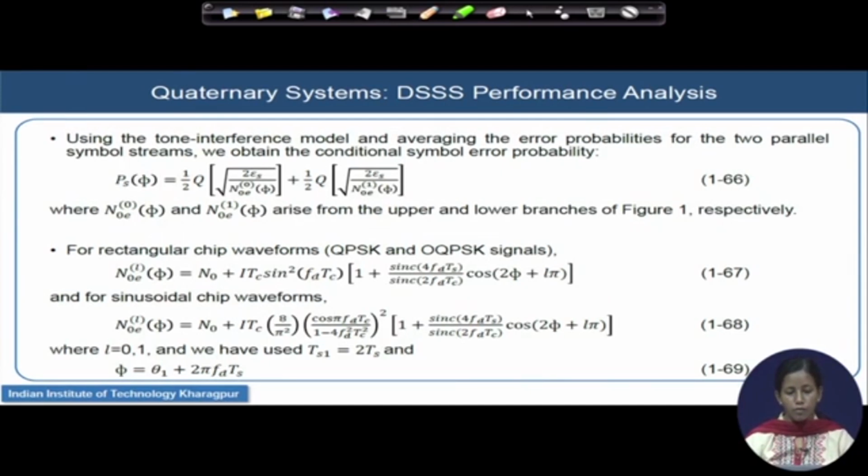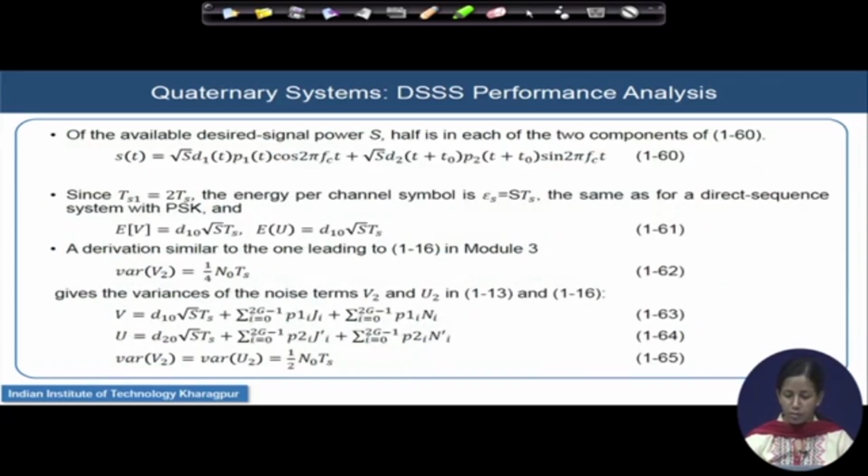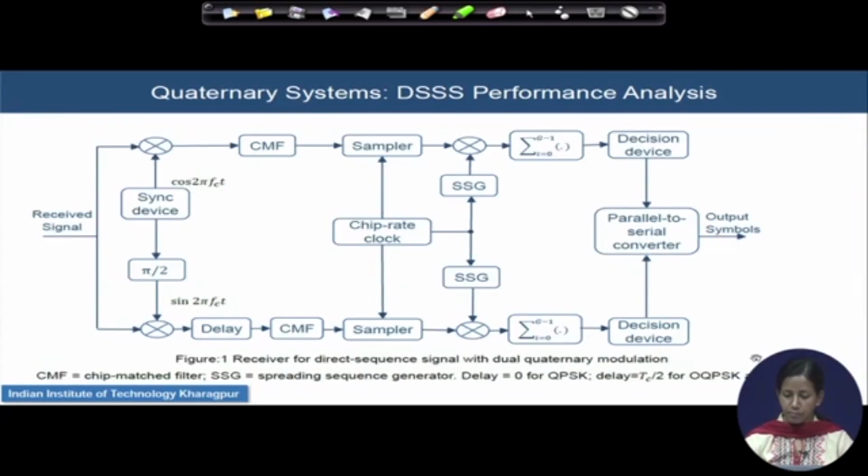Now, using the tone interference model that we have done in the last three modules, we can calculate the error probability of the two parallel symbol streams, as we understand the total probability at the output of this decision device, the output of the parallel to serial converter.